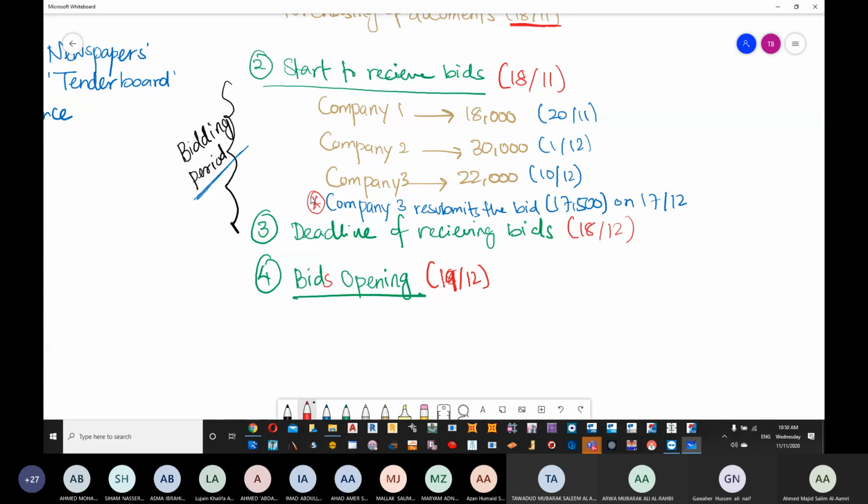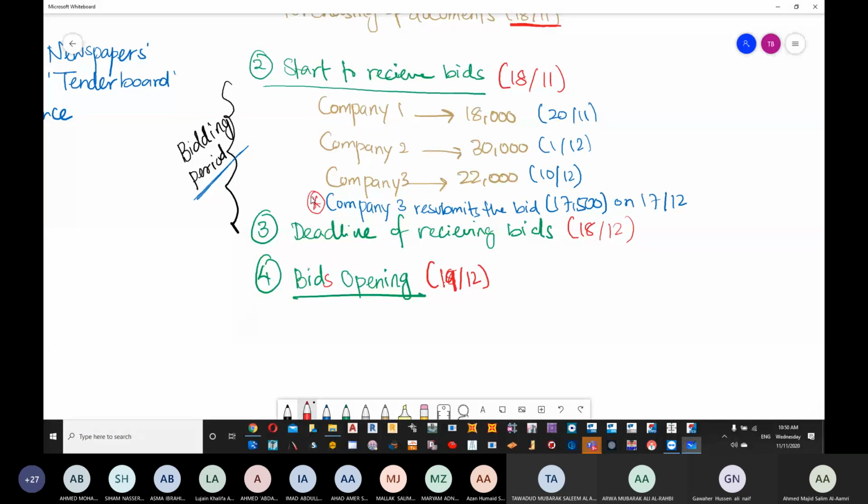Okay, so once again, to avoid any cheating, we are not going to open the envelopes, we are not going to open the offers whenever we receive them. We are going to open them at one time, all of them. Why are we doing so? If we keep opening the offers and we see the value, there might be a leakage of the prices. This price can go to the other company.